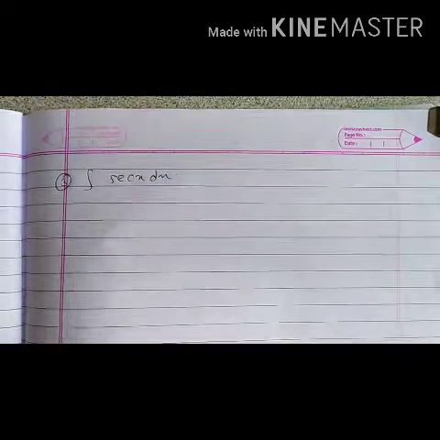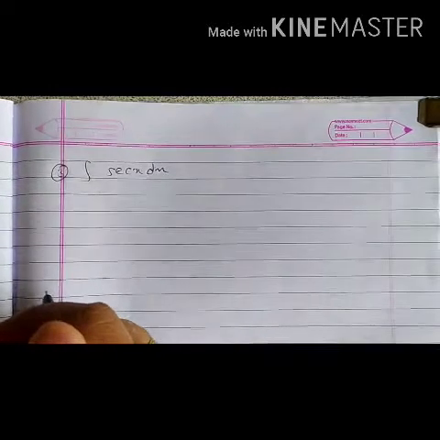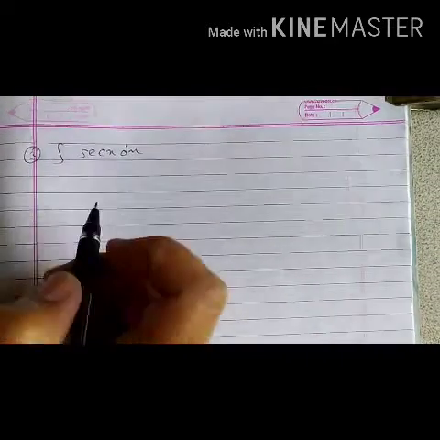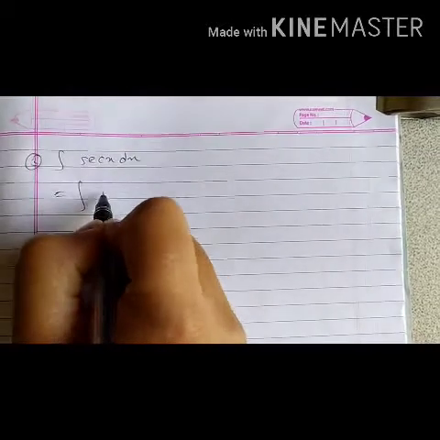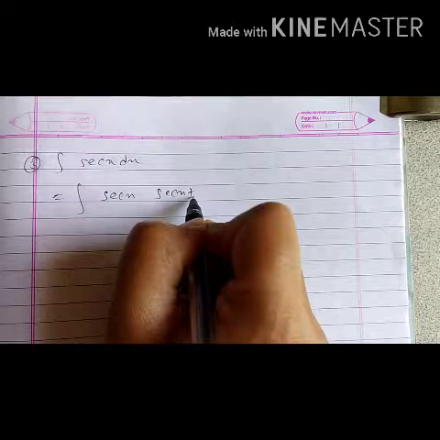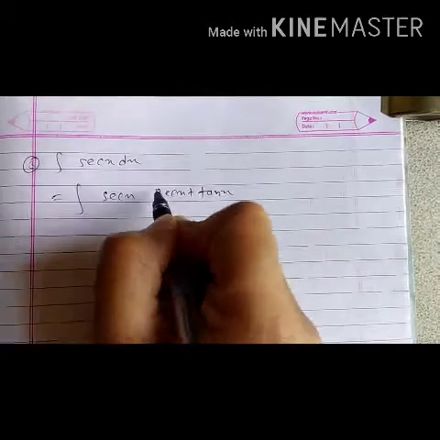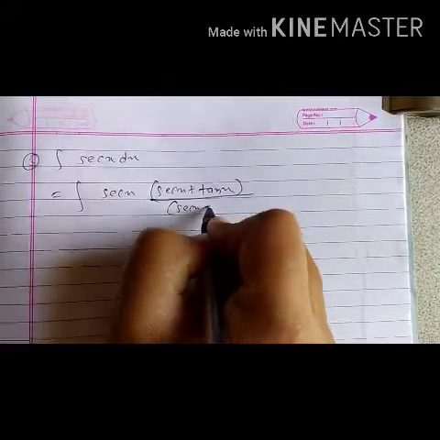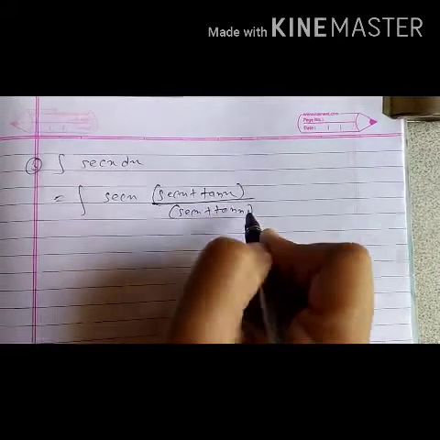Now the third one is integration of sec x dx. Here we'll multiply and divide by sec x plus tan x, because we know that derivative of sec x is sec x tan x. So we'll multiply and divide by sec x plus tan x upon sec x plus tan x.